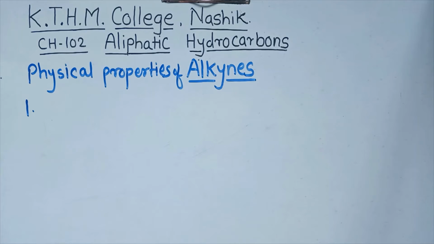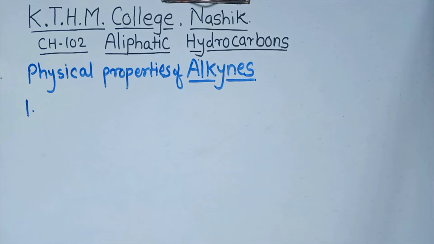The first physical property is that alkynes are soluble in non-polar solvents because they are non-polar in nature, meaning they are soluble in benzene, ether, chloroform, etc., while insoluble in polar solvents such as water. This is the first physical property.